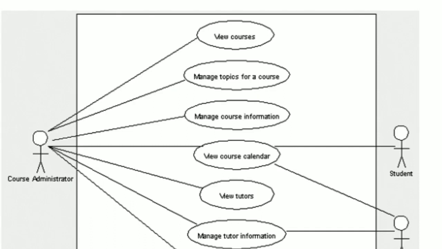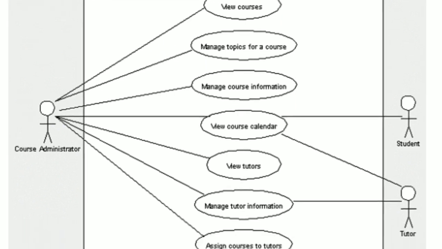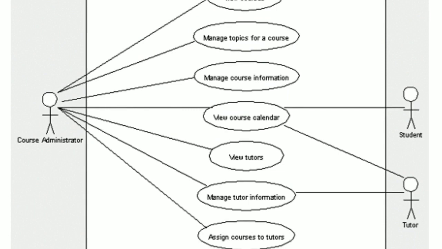So the course administrator will view courses, then manage topics for a course. If anyone wants to apply for a particular course, then which different topics are there for that particular course, all those will be managed by this course administrator. Third is manage course information. So course information is also managed by the course administrator.